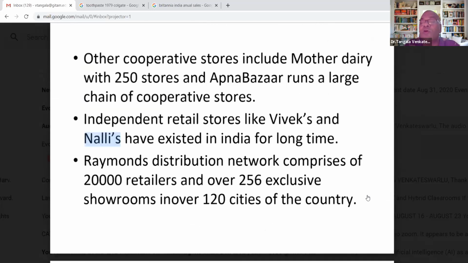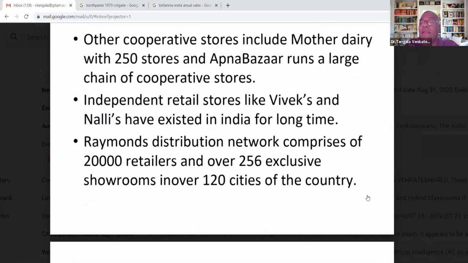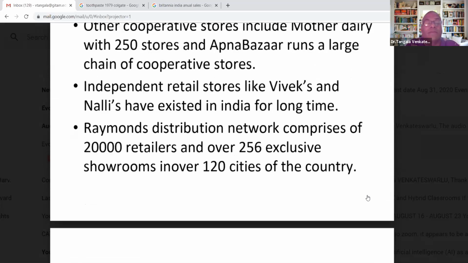Other cooperative stores include Mother Dairy owned Apna Bazaar. Independent retail stores like Vivek's and Nalli Silks in Chennai have existed for a long time. All these are part of established formats. Similarly, Raymond's has 20,000 retailers and 256 exclusive outlets in 120 cities of the country.